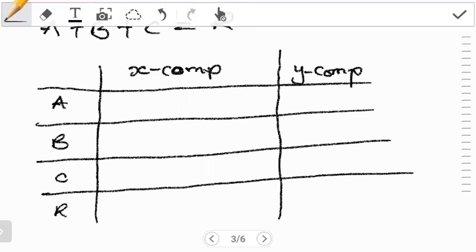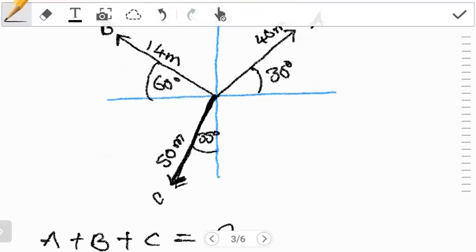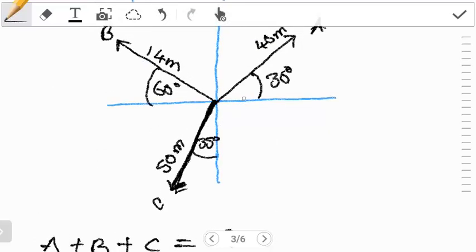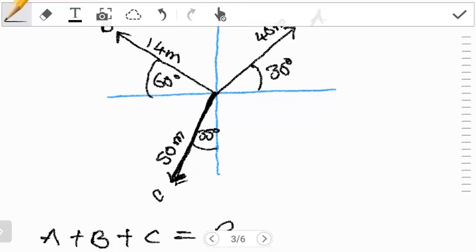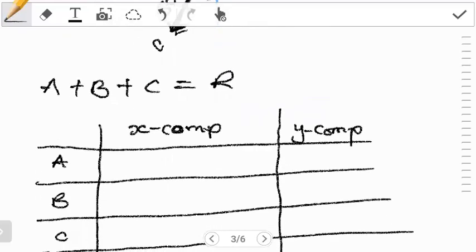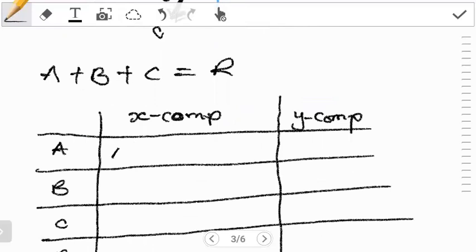Now notice that these are the vectors that we were dealing with in our independent examples. Now we want to get the resultant. We already demonstrated how to get the components. You can try to get them on your own again and see if you can find them, but we already worked them out. We found that the x component of A is 34.6, and the y component of A is 20.0 meters.